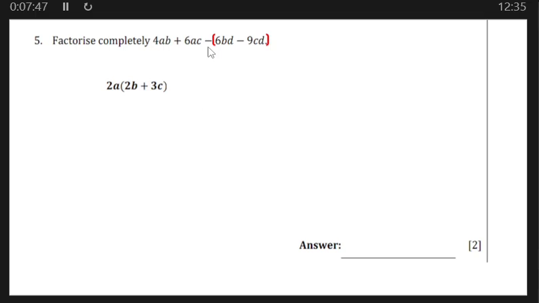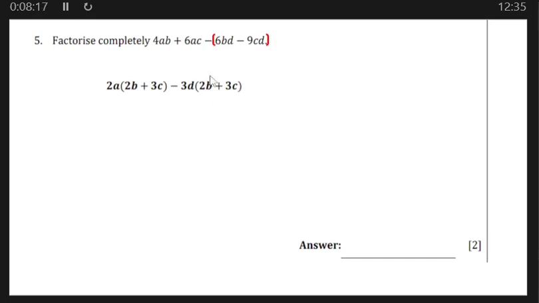So our common factor here becomes negative 3d. When we have factored out negative 3d, what remains is 2b plus 3c. So (2b plus 3c).